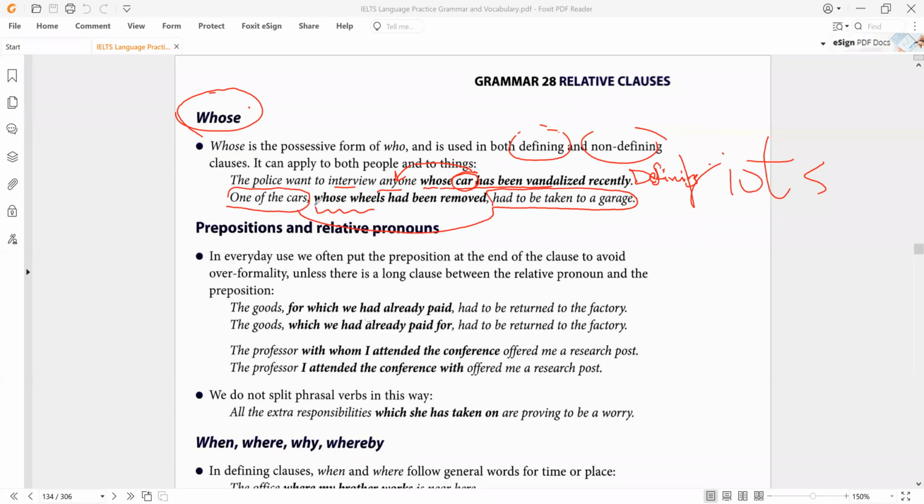Whose wheels had been removed. So this is extra. One of the cars whose wheels had been removed had to be taken to a garage. Whose, meaning the one whose wheels were stolen, is non-defining here, because one of the cars had to be taken to the garage, and that is it. Whose wheels had been removed is the extra information.